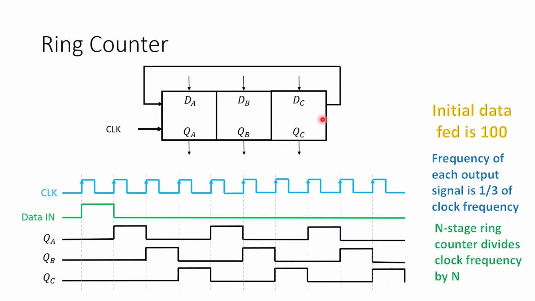This is because of QC being 0. This QC is coming here, so this QC will again come here in the next clock cycle, and then the entire operation starts repeating itself.